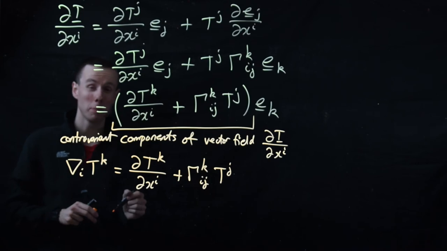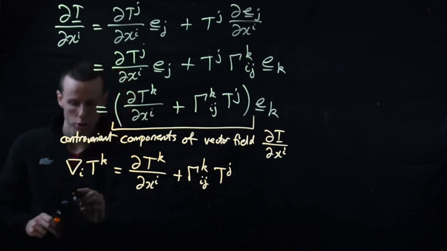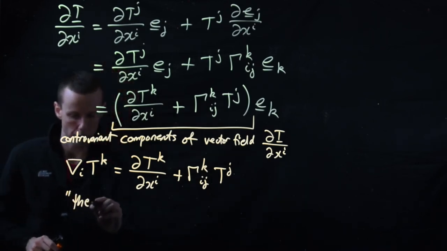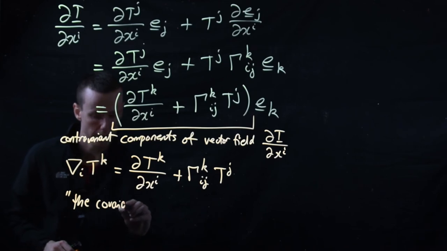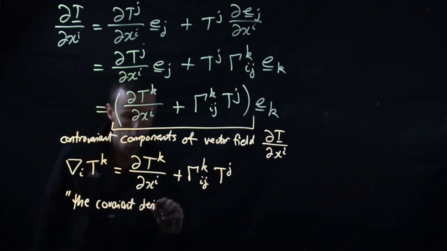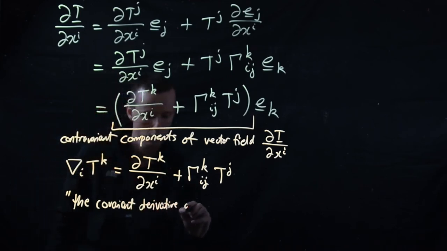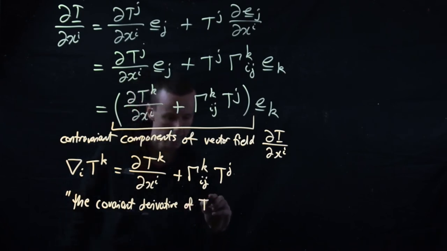And there's also a special name for it. It's called the covariant derivative of T^k with respect to x^i.